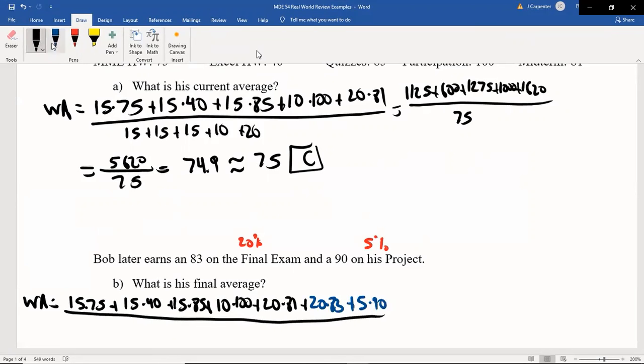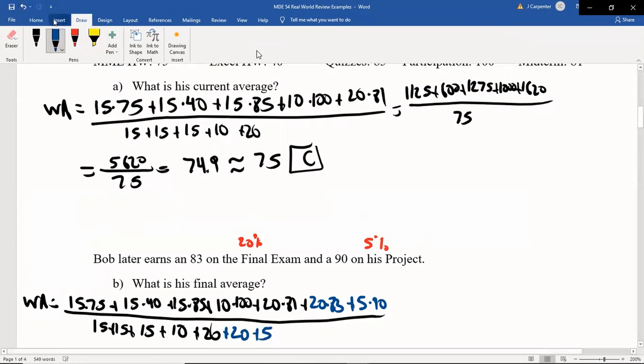Divided by, again, we originally had our homework, quizzes, participation, midterm. Now we've got the final and the project.